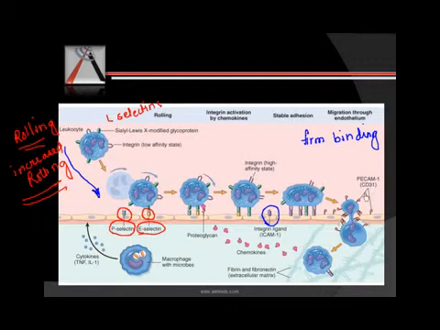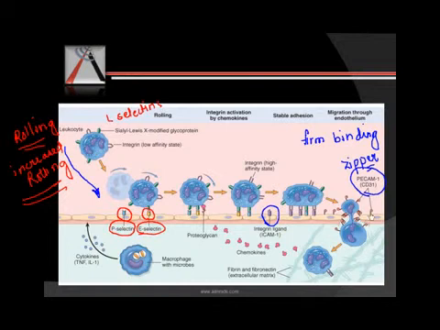This transmigration is typically assisted by PECAM-1, which is also called the CD31 zipper molecule. It is called a zipper molecule because it helps in transporting the PMN through the gap in the vessel.